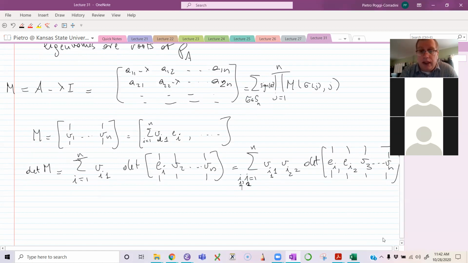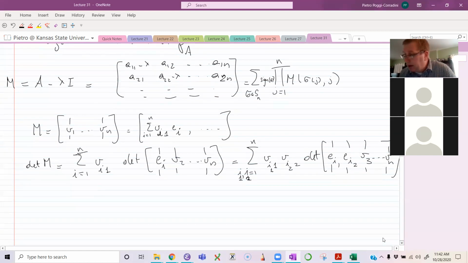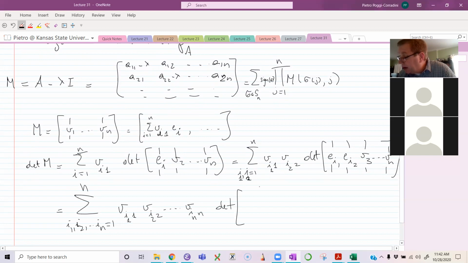So if you continue that way, in the end, you're going to get a gigantic sum over i1, i2, through in, from 1 to n, of V_i1,1 times V_i2,2 through V_in,n, and then you get the determinant of V_i1, V_i2, through V_in.